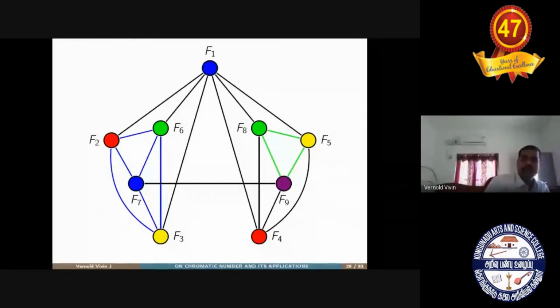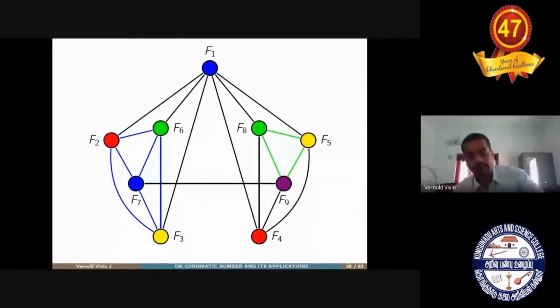Similarly, in order to give a proper coloring for this whole graph, we should have at least 4 colors, since the clique itself needs 4 colors. The chromatic number is always greater than or equal to omega of G. So it will be either equal to 4 or more than 4.